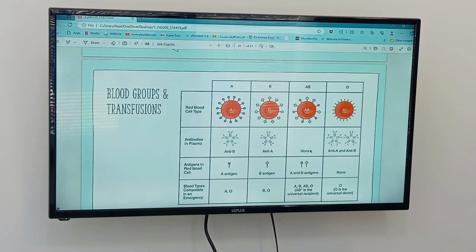While O has anti-A and anti-B, so that we can say it's a donor. Antigens on red blood cells: it is A here, while the antigen in B is B. A and B antigens here in AB. In O, none.